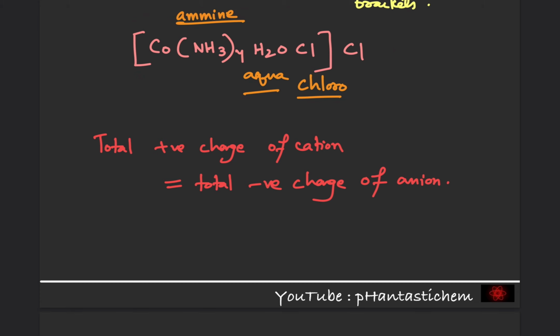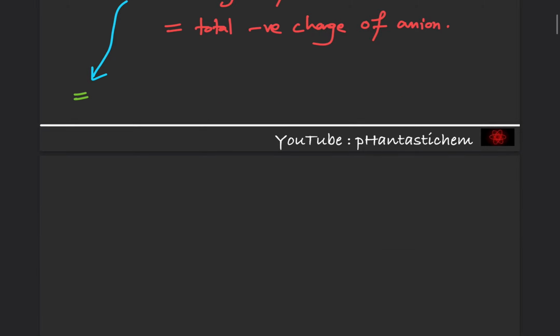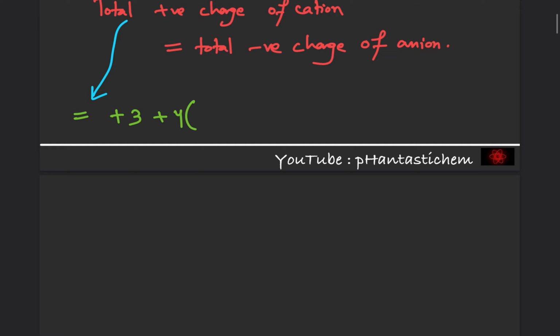Okay, so let's calculate the total positive charge of the cation. This will be equal to plus 3, because this is the oxidation state of cobalt which is given to us as 3, plus 4 into 0, because the charge of NH3 is 0, plus 1 into 0 as the charge of H2O is 0, plus 1 into minus 1 as the charge of Cl minus is minus 1.